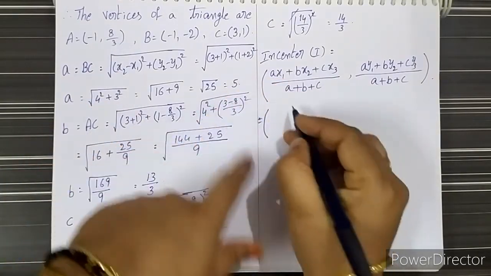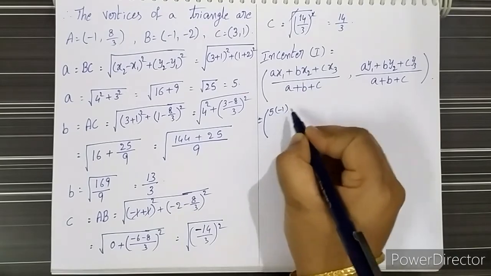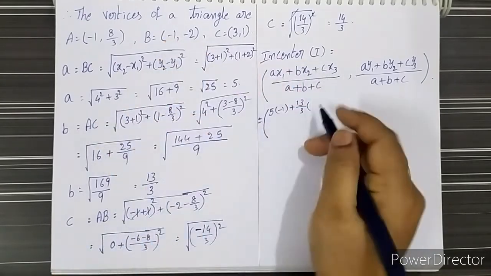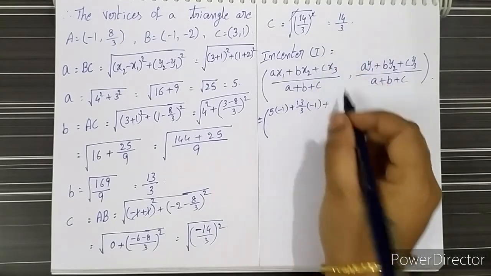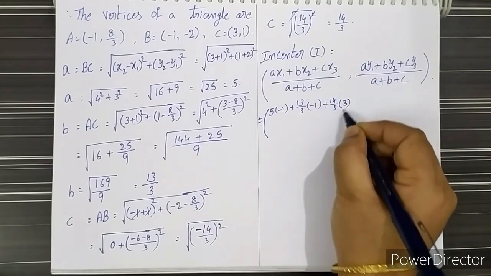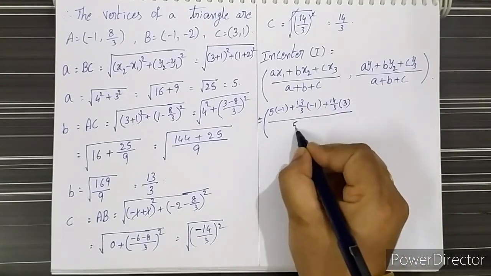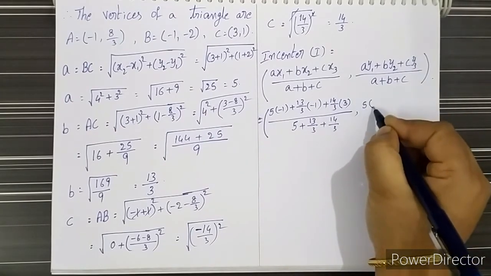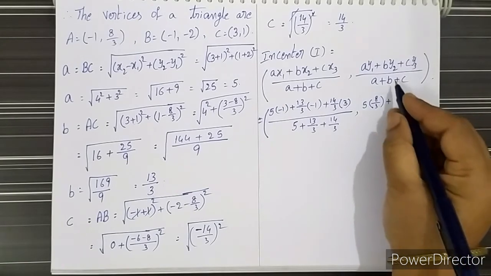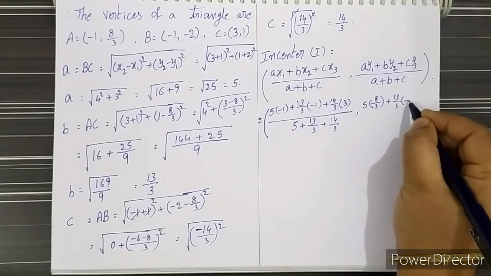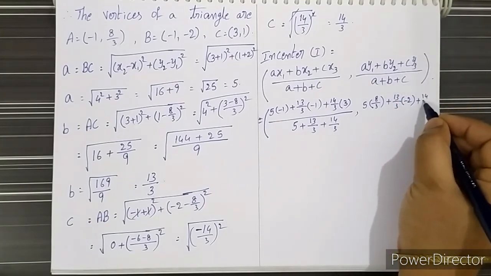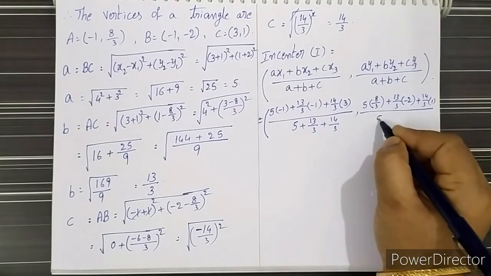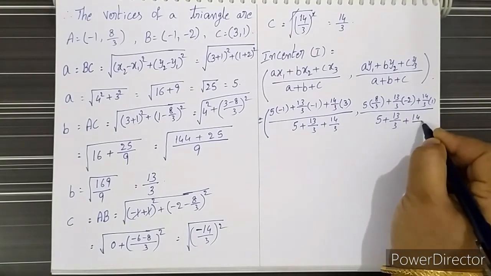A means the value is 5 into x1 value minus 1, plus b value 13 by 3 into x2 value minus 1, plus c value 14 by 3 into x3 value 3, by a plus b plus c, means 5 plus 13 by 3 plus 14 by 3, comma, a means 5 into y1 value 8 by 3 plus b value 13 by 3 into y2 value minus 2 plus c value 14 by 3 into y3 value 1, by 5 plus 13 by 3 plus 14 by 3.